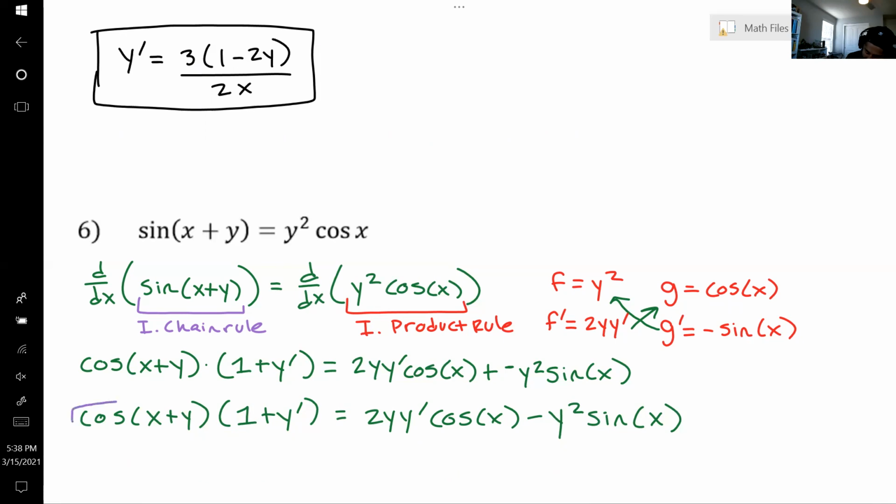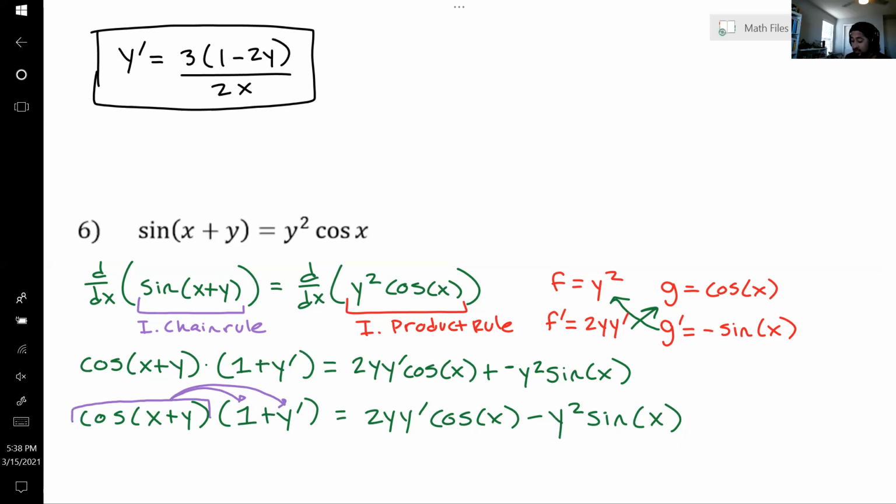You would take cosine x plus y, and you would distribute it to the 1 and to that y prime. The whole thing, cosine x plus y, not just x and y.